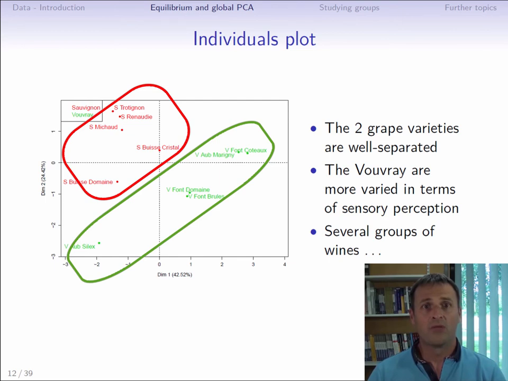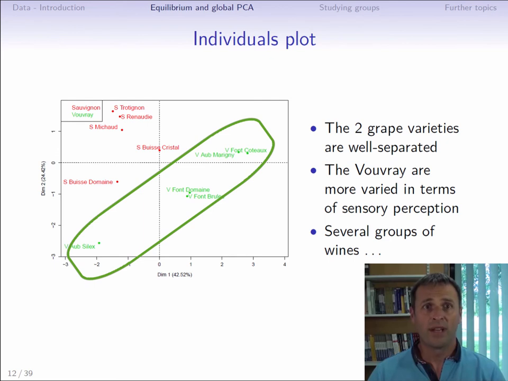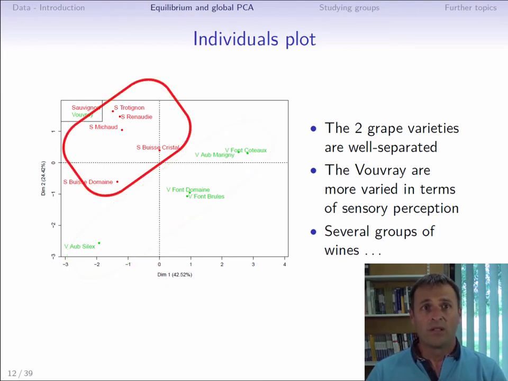This contrast between grape varieties is therefore closely related to the sensory description variables evaluated by the juries. We also note that the Vouvray are more spread out in the plane, which can be interpreted as follows. The Vouvray have more variety from a sensory point of view as compared with the Sauvignon, which are more homogeneous.